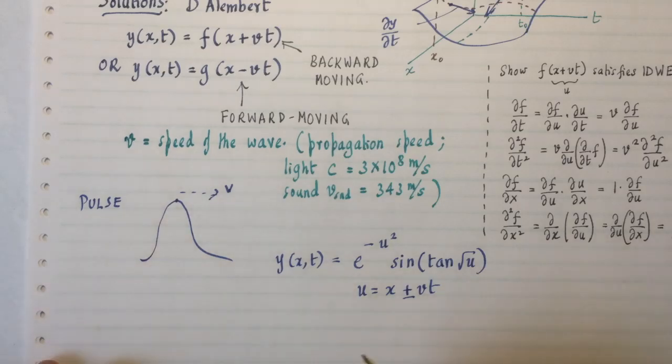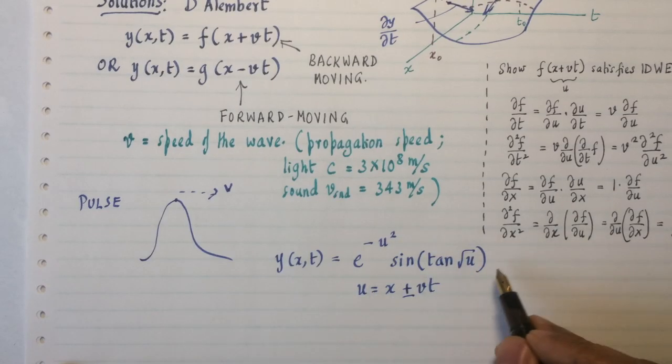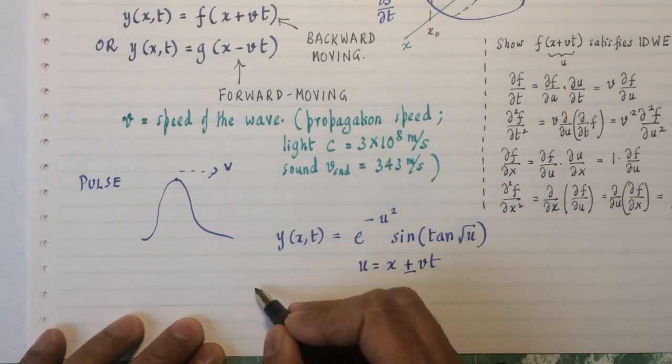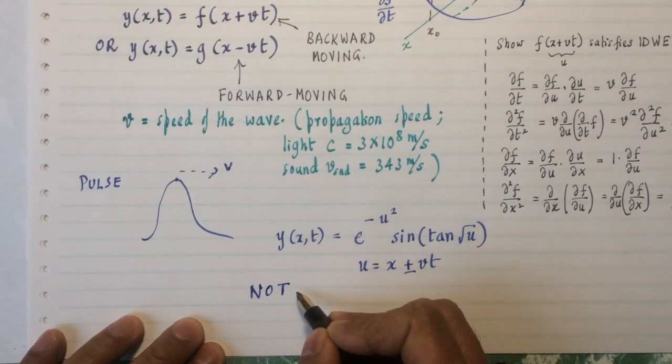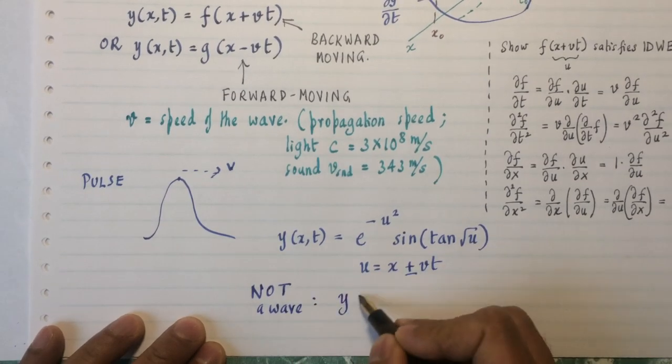What does not verify the wave equation is if you have mixtures. So you cannot have something that's x plus vt in one term and x minus vt in another. So I'll give you an example of something that's not a wave. So let's look at this.